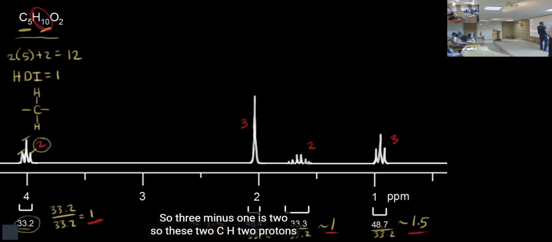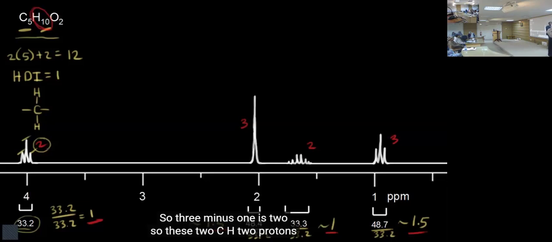We have two proton sextets, which is like CH2 surrounded by five neighbors. It means we have a CH3 and a CH2. So from where we were coming, we have one CH2.